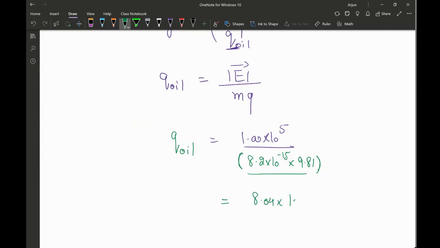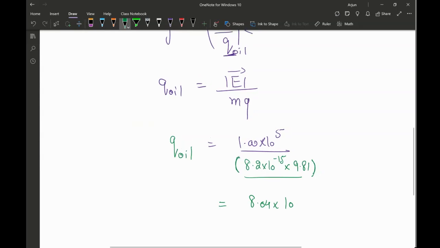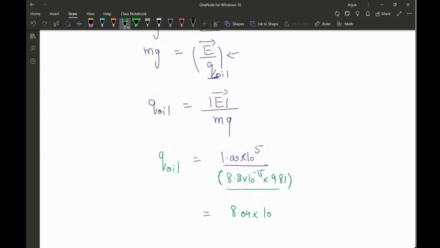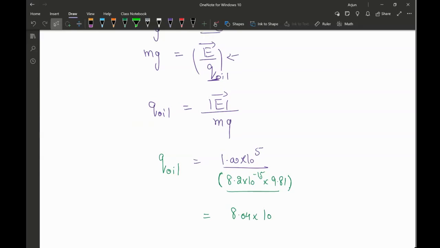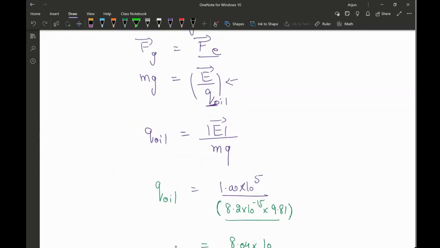8.04 times 10 raised to the power... I think I am making a calculation mistake. My apologies, I wrote this formula wrong.